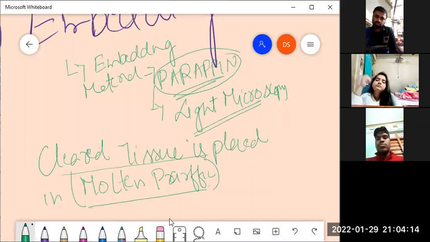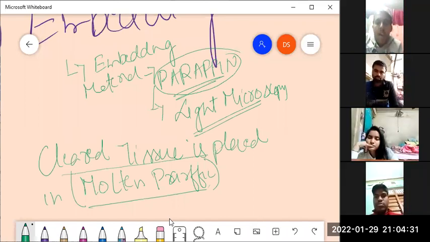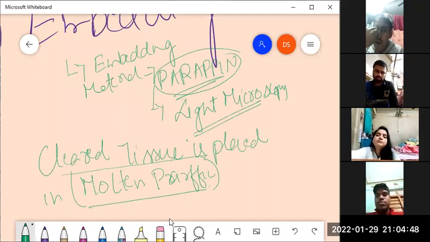Now you cannot subject your tissue, your sample, to huge or heavy heat, because that heavy heat itself has a deteriorating effect on the tissue. Heat will destroy a tissue, and naturally it can even burn the tissue. So you need a material as embedding material which can melt easily with a slight amount of heat.